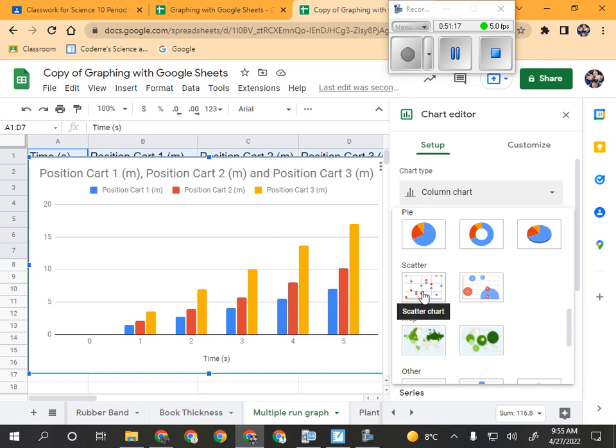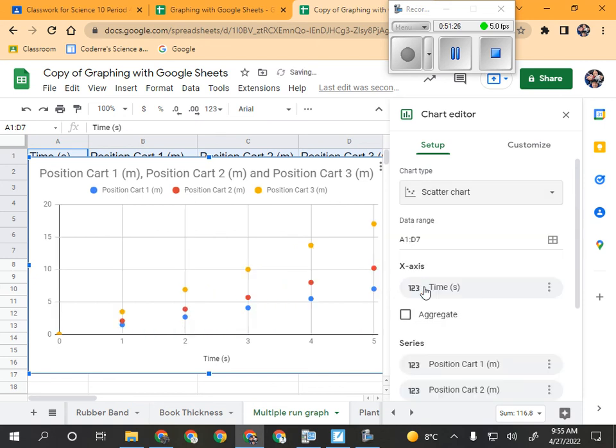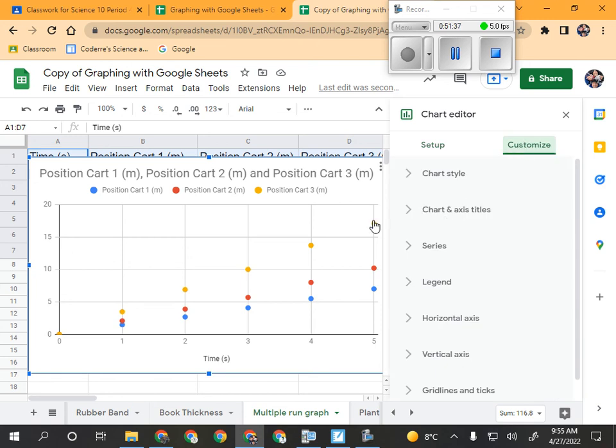Clicking on chart type, scroll down until you get to scatter. When you click on scatter, you get this, which looks more like what we've been doing. Then you're going to go to customize, same as we did before. You can see that we're missing a y-axis title here, because there were three different sets of data and it doesn't know what to call them.